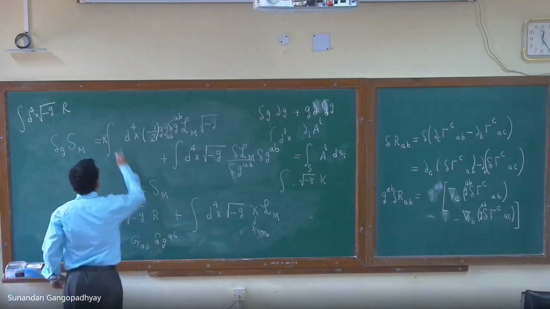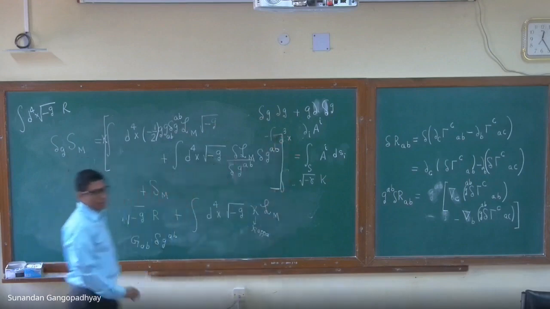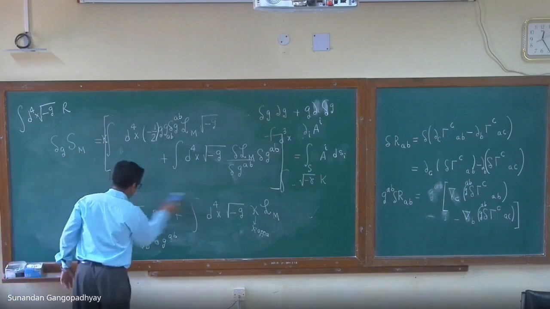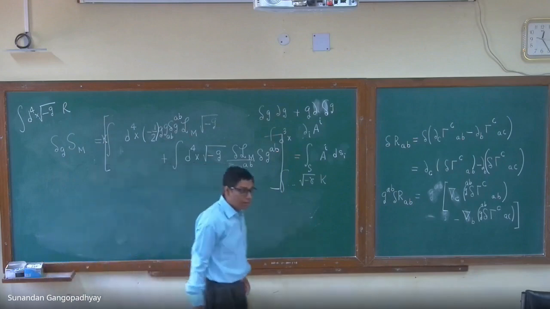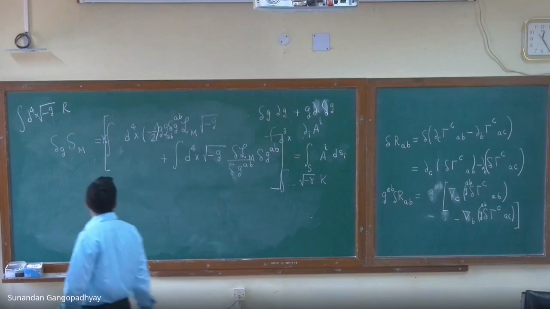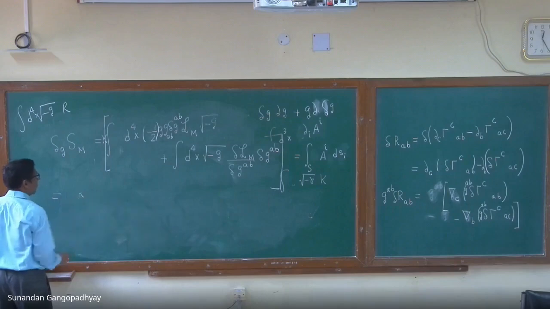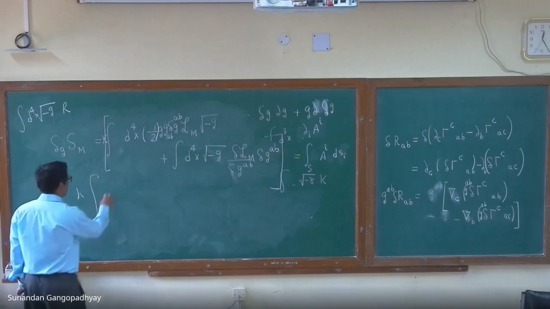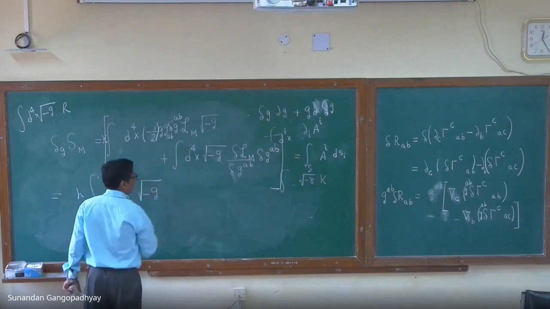I have a bracket. The coupling constant can vary, but this is a constant. So this is equal to kappa integral d4x square root minus g.